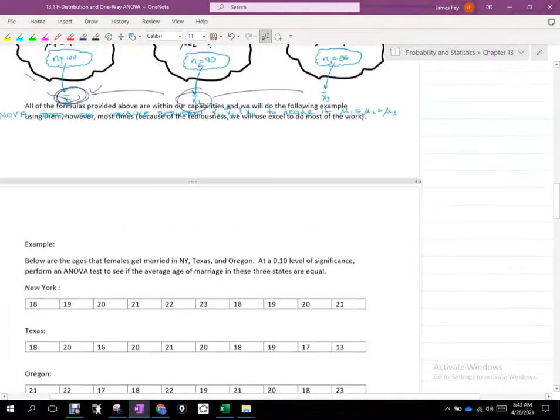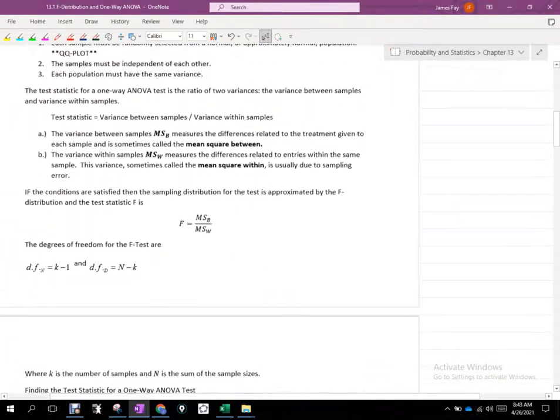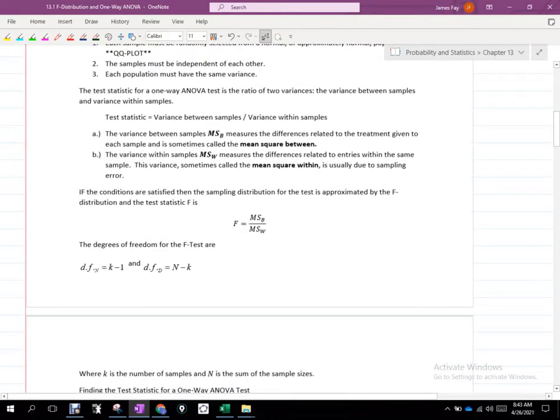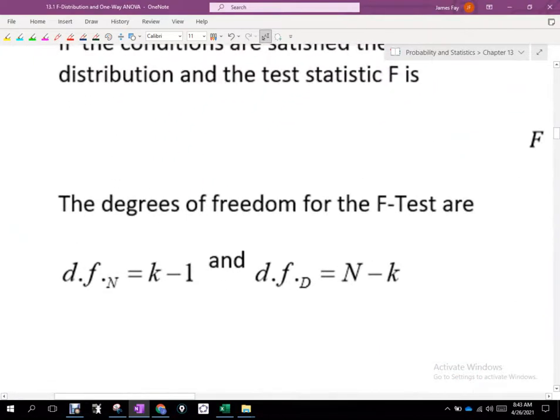At the beginning, when we started explaining this stuff on Thursday, we labeled it as d.f. sub N. That N stands for numerator. And this d.f. sub D, that D stands for denominator.